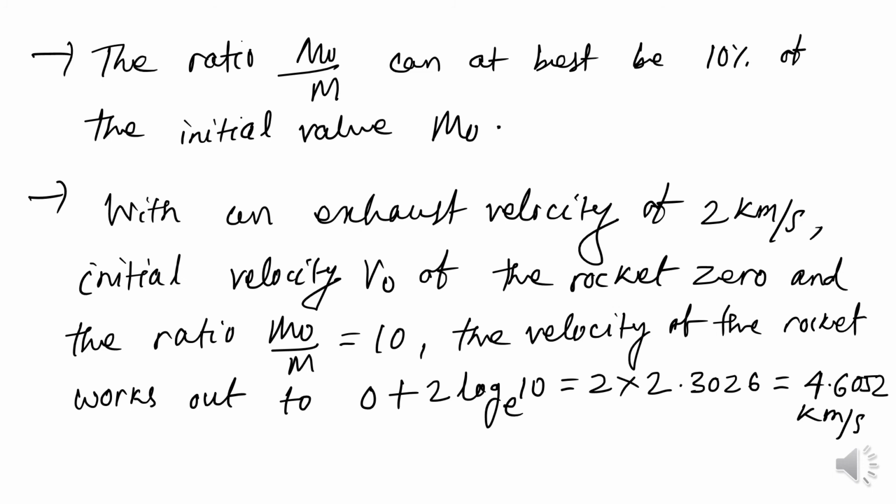With an exhaust velocity of 2 km per second, initial velocity v0 of the rocket considered to be 0, and the ratio m0 by m as 10, the velocity of the rocket was calculated to be around 4.6052 km per second. So this value of 4.6052 km per second, the speed of the rocket, is very less compared to the escape velocity required for the rocket to escape the gravitational pull of Earth.